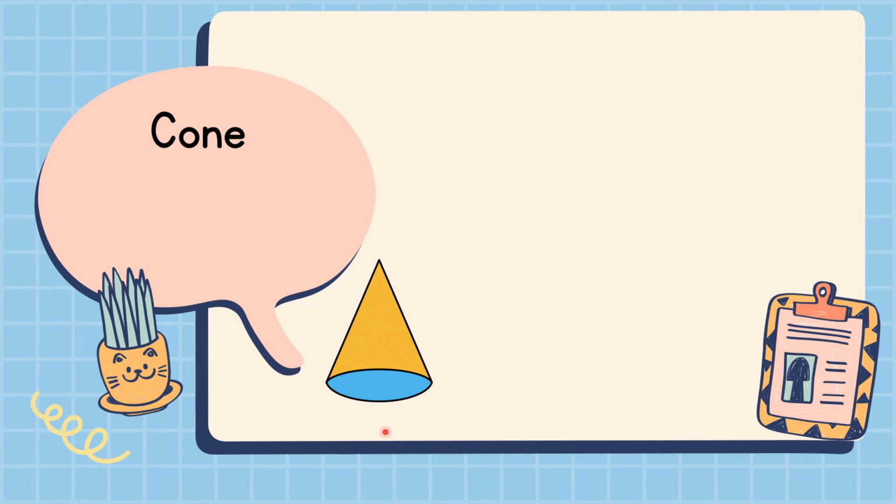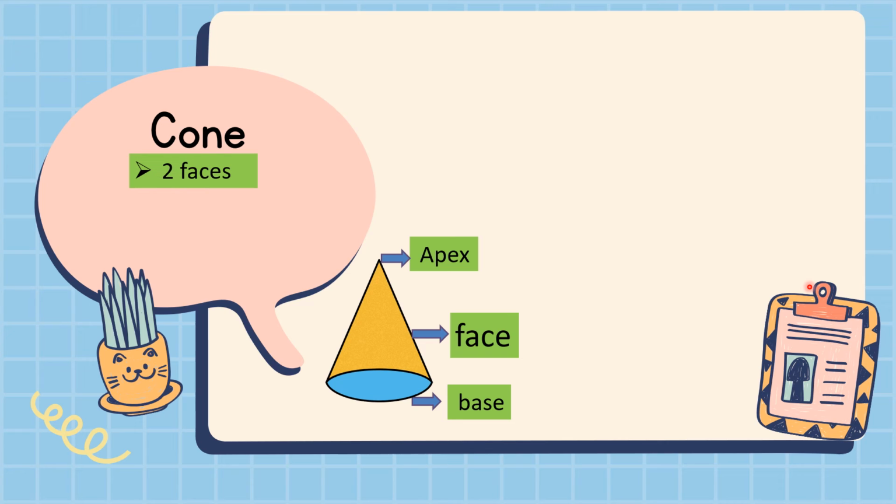Okay, what about this? This is a cone. That's the base of the cone. This is the face. And that's the corner or vertex, which is also called an apex. So it says that a cone has two faces, meaning the base here, that's one face, and the curved face here.